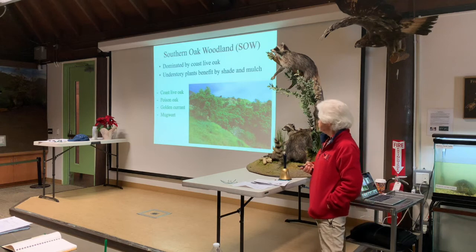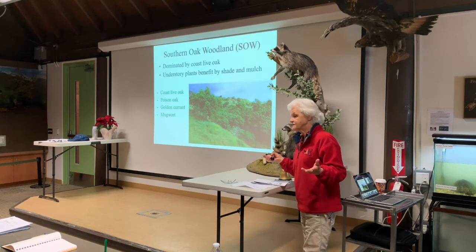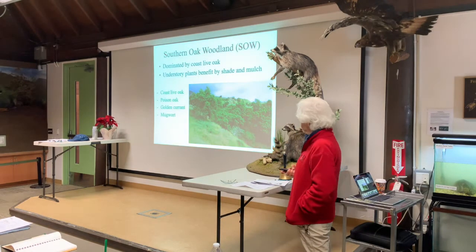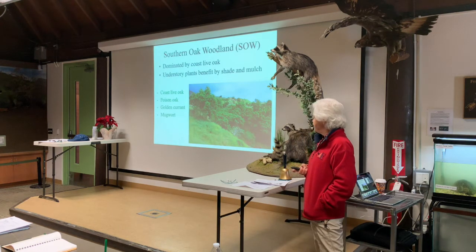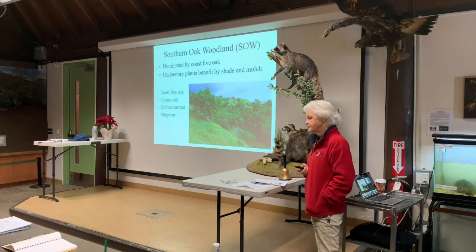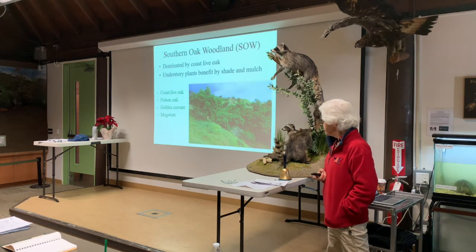Southern oak woodland. Southern oak woodland is dominated by coast live oak. That's pretty easy. There's more to it though, because they have a nice understory. And the understory takes advantage of the shade and the mulch that the evergreen oak generate.